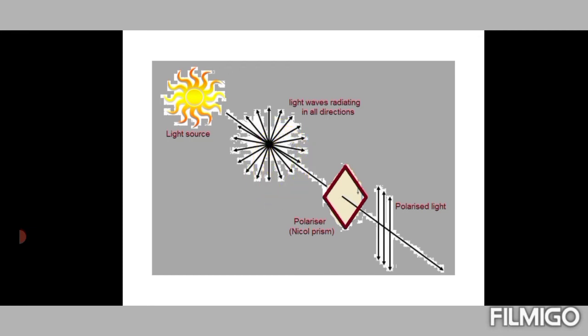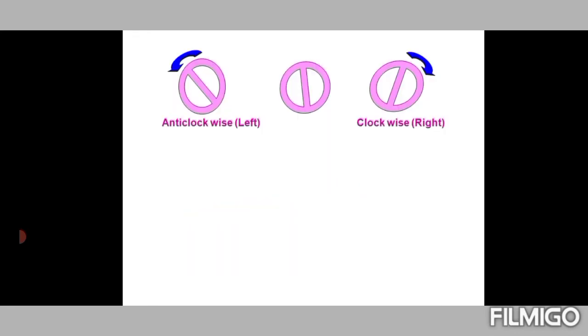And when this polarized light is passed through a particular solution, what happens is that it can rotate this plane. It does not deviate, so it should not be confused with deviation. It just rotates the plane to the left or to the right, like we rotate our palm to the left or the right when we shake hands with someone.